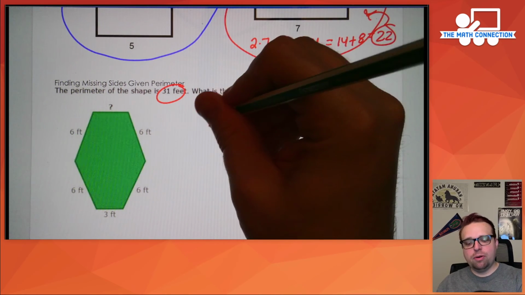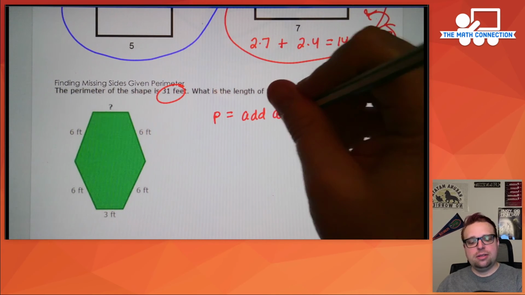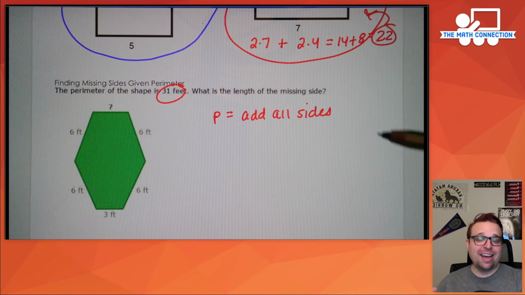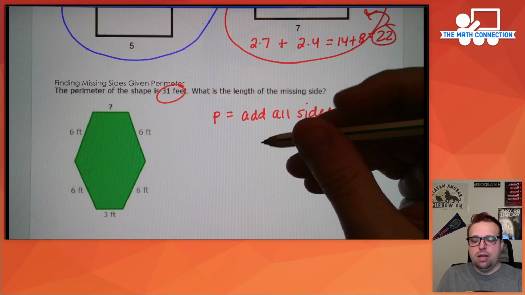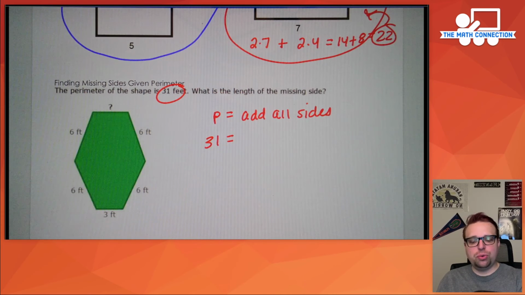So if the perimeter is adding all the sides, then in this equation, we can plug some stuff in and find the thing that we don't know, right? So the perimeter is 31. That's the total. Normally, we would be solving for that number, but we know what it is already.